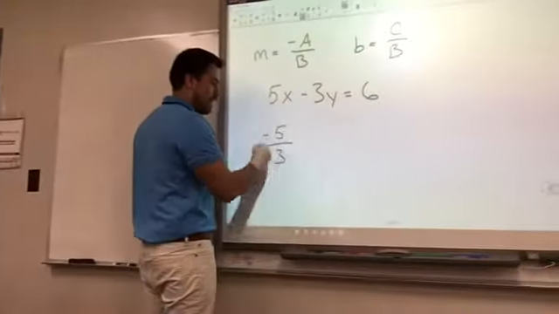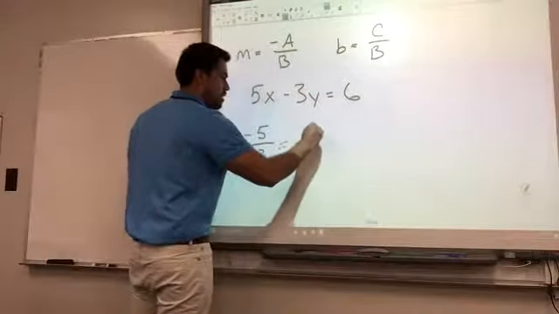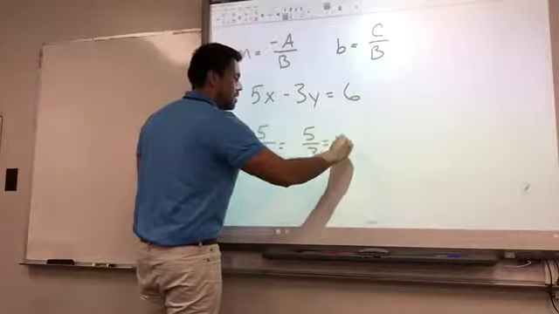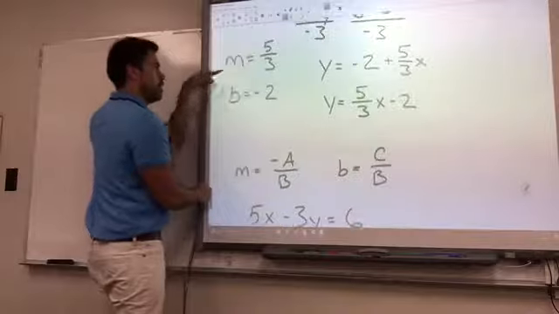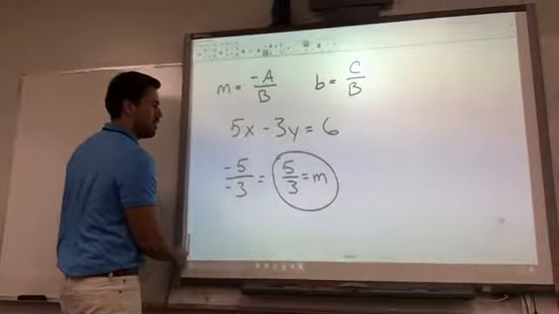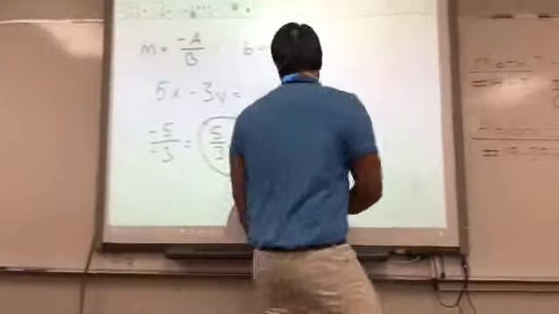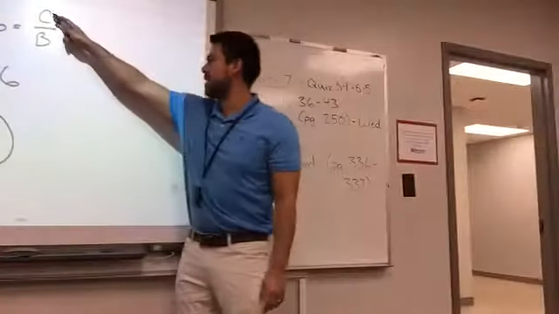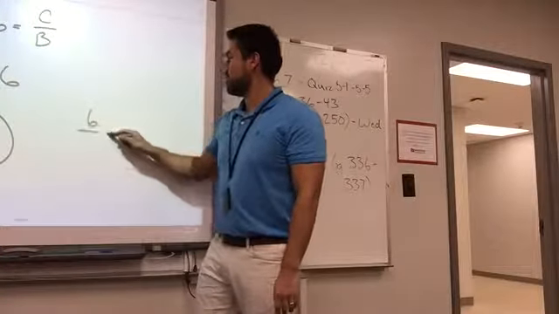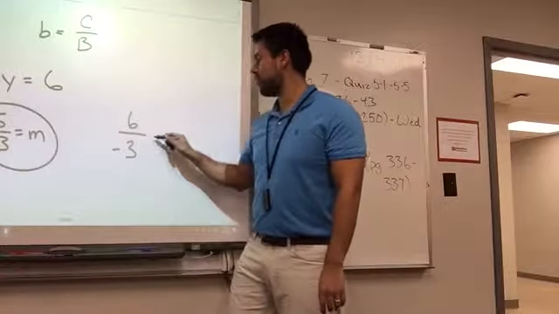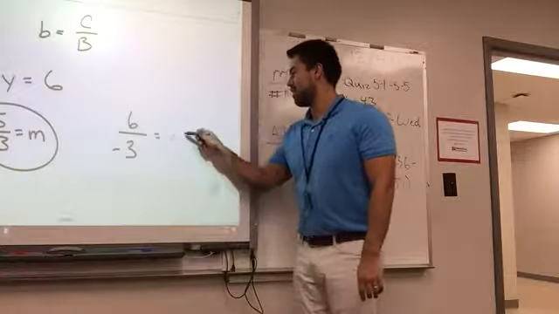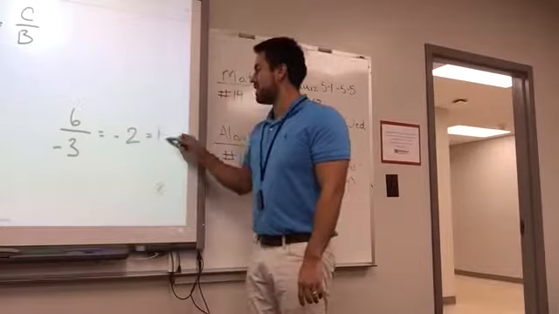And what does this end up being? Is that my slope? I hope so. Okay. How do I find my y-intercept? Well, what's c? What's b? We said it was -3. And what do we get? Is that my b value?